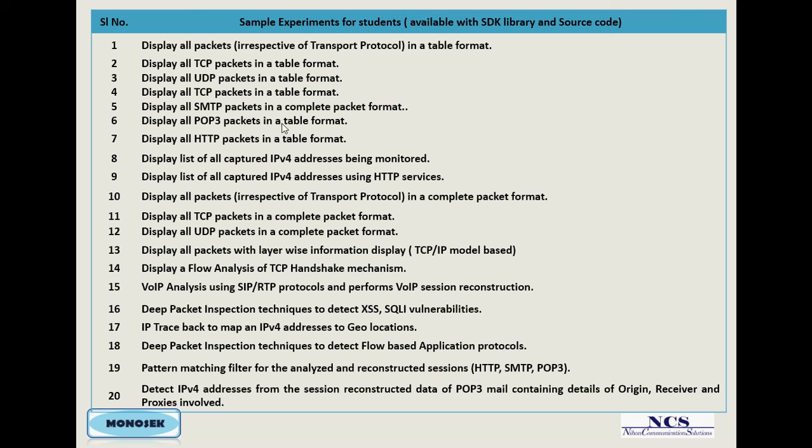There are a few experiments like displaying all the TCP packets and UDP packets, incoming mail called SMTP, POP3, and also packets related to the HTTP protocol. There are some other applications related to flow analysis and TCP handshake, that is, how a TCP connection is established while two systems are communicating with each other.